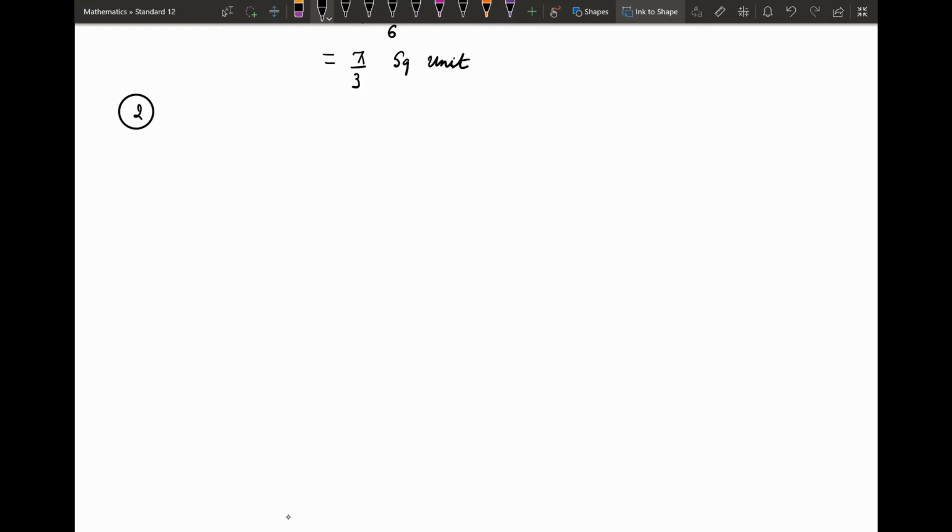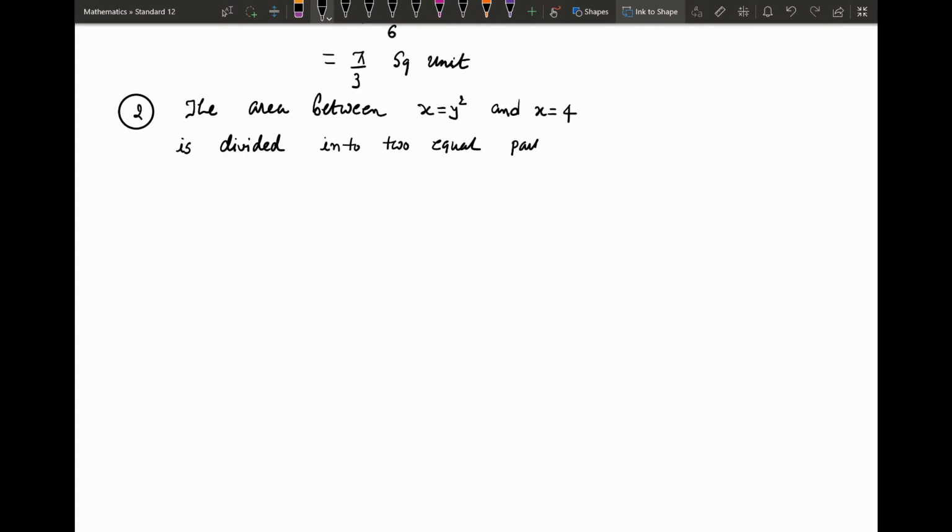The area between x equal to y square, that is parabola, and x equal to 4 is divided into 2 equal parts by the line x equal to a.